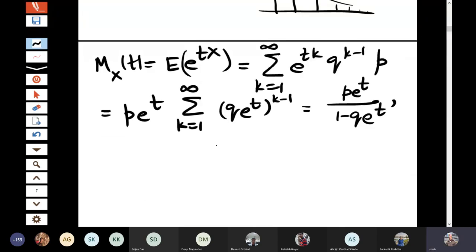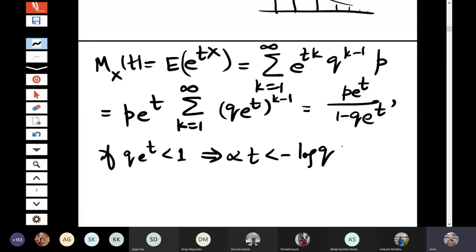So it is this, if q e to the power t is less than 1, which implies that basically t is less than minus log of q.